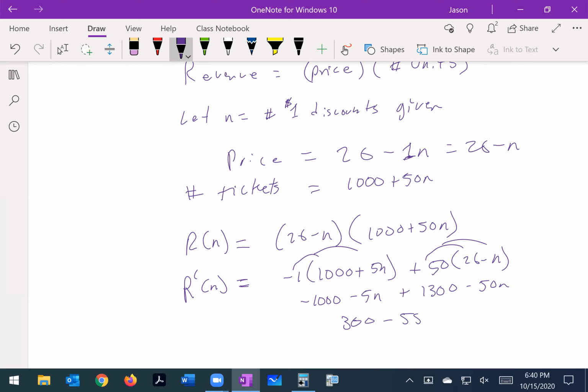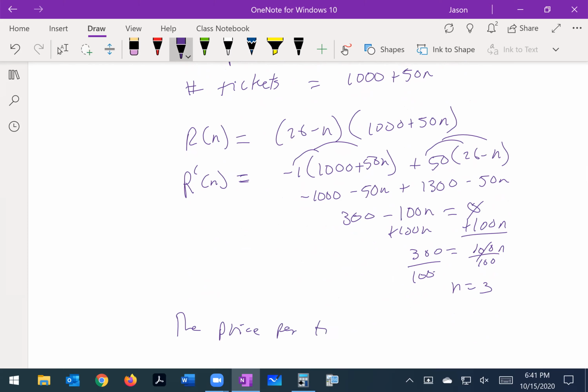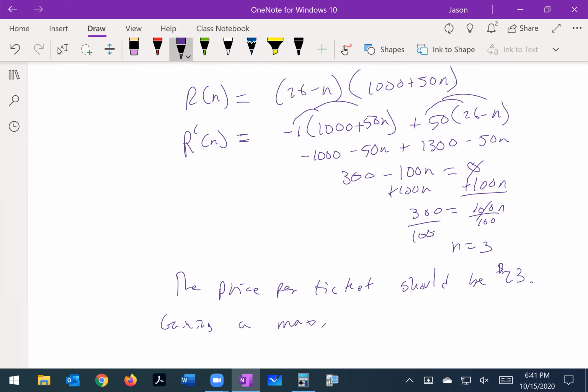Okay, so what's the price per ticket? Okay, the price per ticket should be $23, right? 26 minus 3, so it should be $23. Okay, gaining a maximum audience of what? Well, what's 3 times 50? That's 150. So the maximum audience of 1,150.